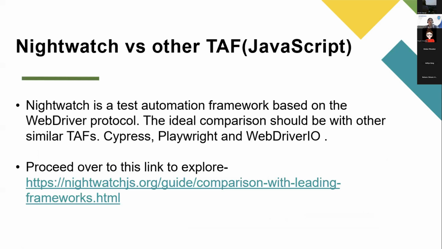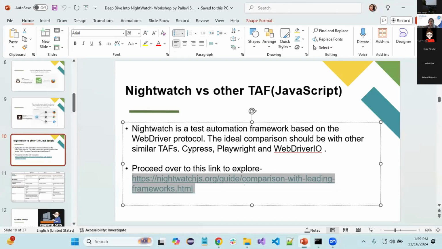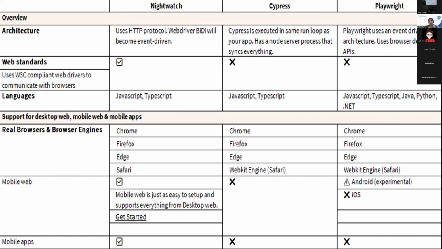A good comparison of Nightwatch could be with other test automation frameworks. For example, you can compare it with Cypress, Playwright, WebDriverIO and other similar test automation frameworks available. It's an interesting link in case your primary language of choice is JavaScript or TypeScript, and you're looking for a tool which is based upon WebDriver standards, which is the standard for browser automation.